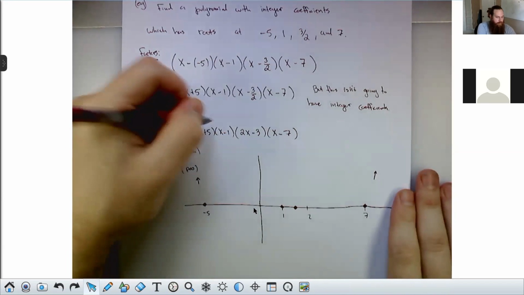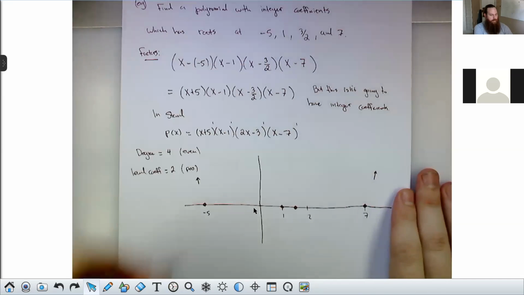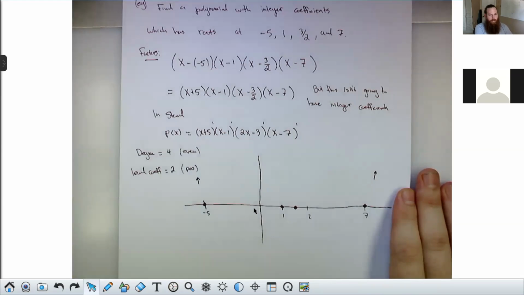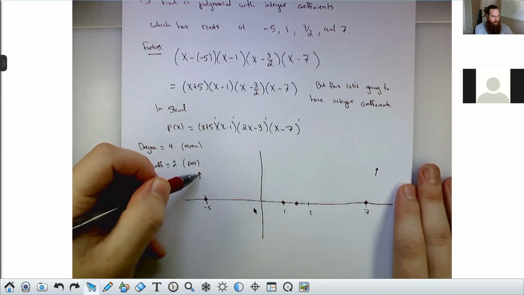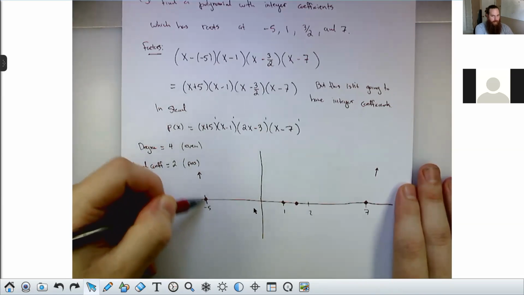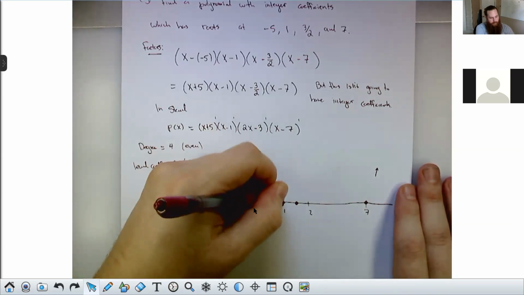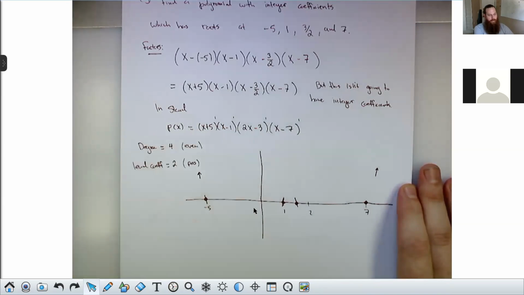And then each one of these guys is multiplicity 1. So each one of these guys, the local behavior is going to look like just a cross. And here, since I'm starting from up, as I come in, if I'm going to cross here, I got to cross like that. Which means when I come back here, I've got to cross like that. When I come back here, I've got to cross like that.